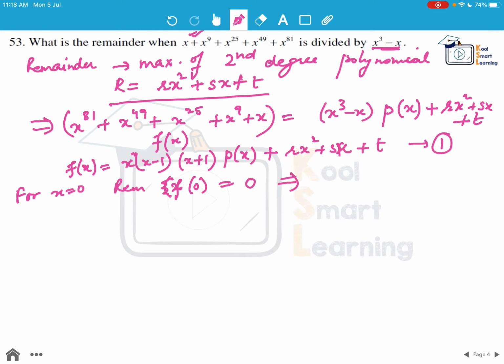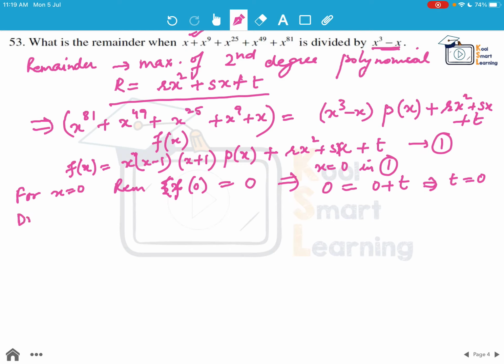Now if we put x equal to 0 in 1, we get f0 is 0 equal to 0 plus t. So this implies t is equal to 0, right? We are using nothing but the remainder theorem here, and you can watch our video on remainder theorem for concepts based on this. All the topics being used here, we've given the link for those videos. You can watch them for those concepts. We're not explaining the concept here.